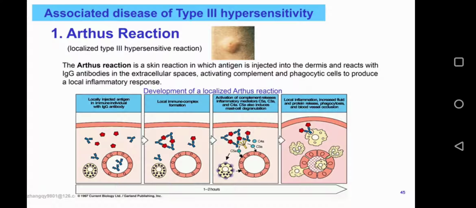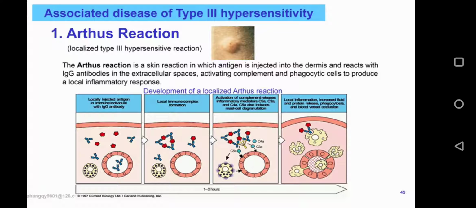So we now know that when many things are injected into the dermis, if the antigen is foreign, our body will recognize it and produce antibody. The antibody binds to the antigen and forms immune complex in the dermis, and this immune complex will recruit neutrophils. They may cause blood vessel damage, phagocytosis, and skin damage.